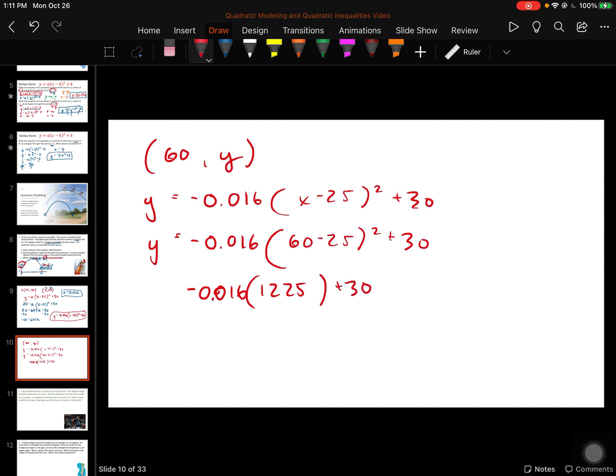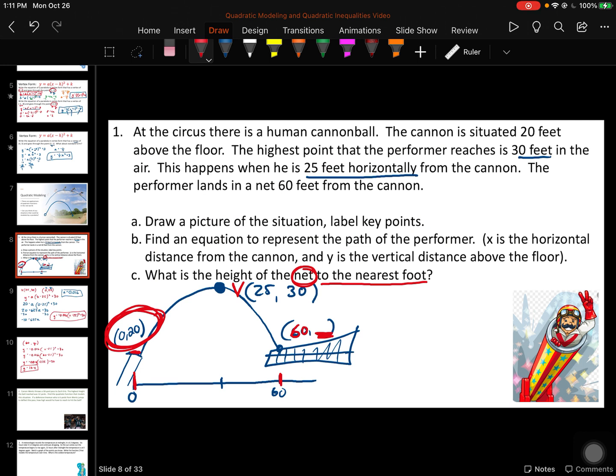Let your calculator do this one for you. You get 10.4. Now you need to make sure you answer in the context of the problem. It says, what is the height to the nearest foot? We would say 10 feet, since it said the nearest foot.